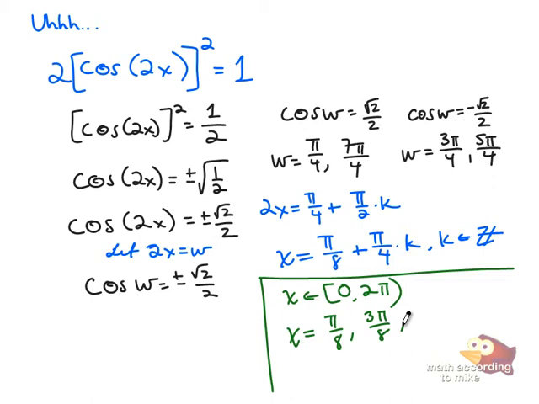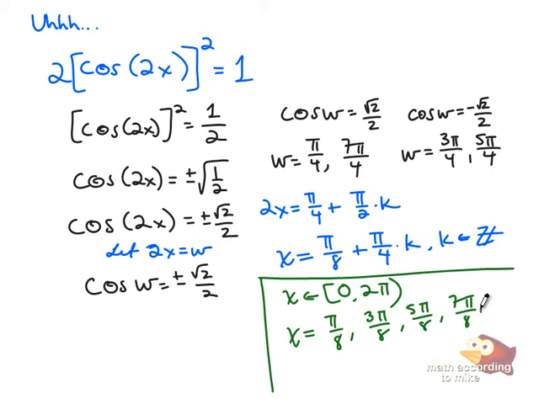So 3 pi over 8 plus another pi over 4. 5 pi over 8. 7 pi over 8. So notice pi over 4 is really 2 pi over 8, so you're just adding 2 pi over 8. So keep going.